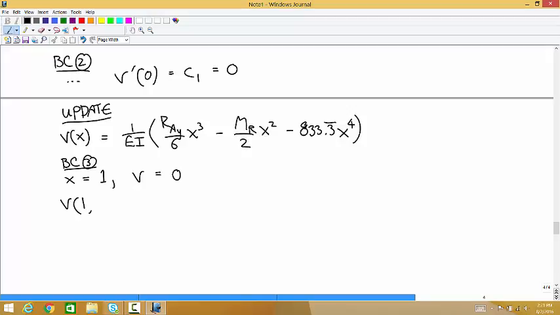So the deflection at 1 meter is equal to 1 over EI times the quantity R_A y over 6 minus M_R over 2 minus 833.3 repeating. And that has to be equal to 0.